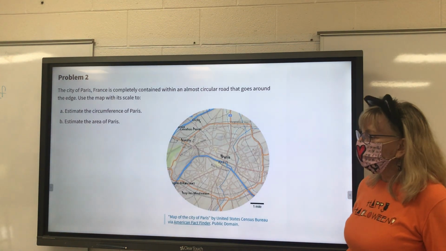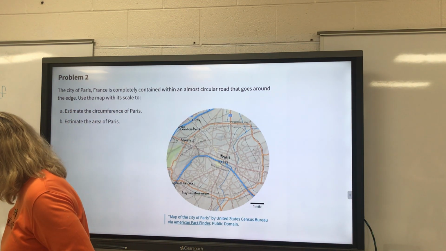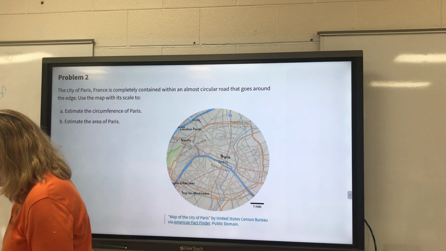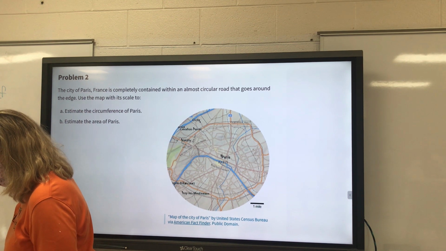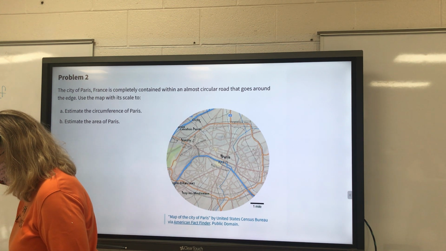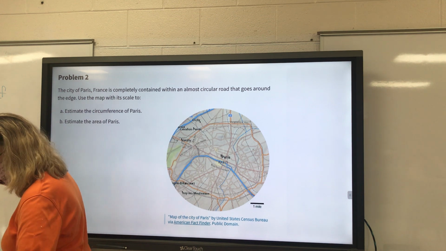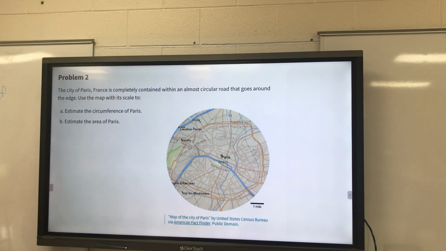Question 2. The city of Paris, France is completely contained by a circular road. I'm getting out my answer key so I make sure I do it right. Okay, that's what I thought. All right, they want us to estimate the circumference of Paris.